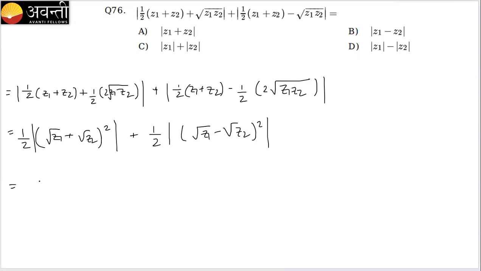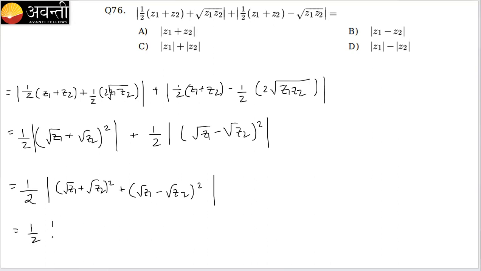Now we know the property of mod, that I can take the whole square inside. So if I take half common from both, what I'll get is (root z1 plus root z2) the whole square plus (root z1 minus root z2) the whole square.